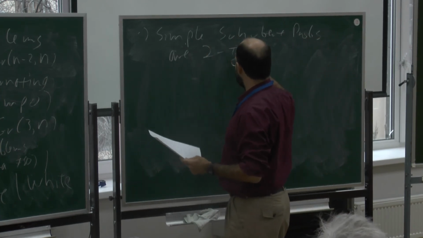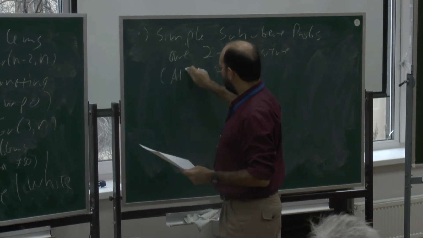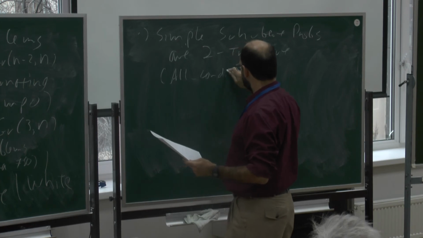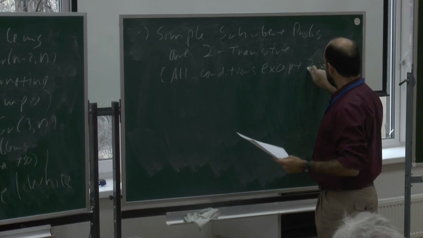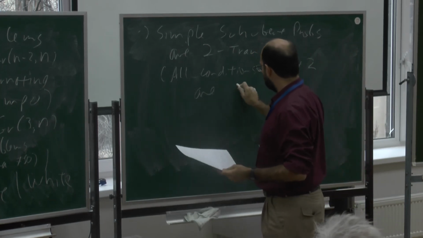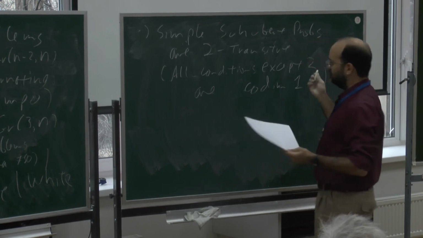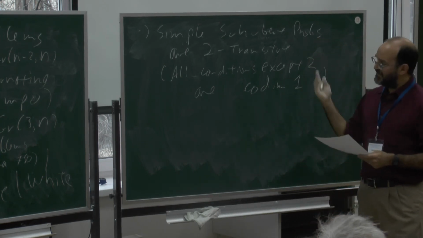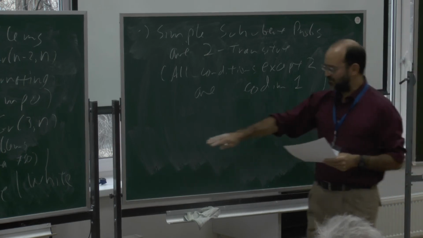These are two transitive, and this means that all conditions except 2 are what I call codimension 1. This is also with White.